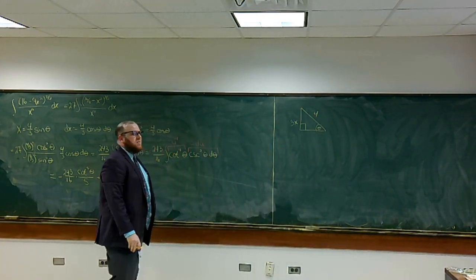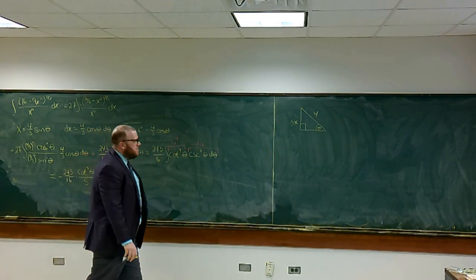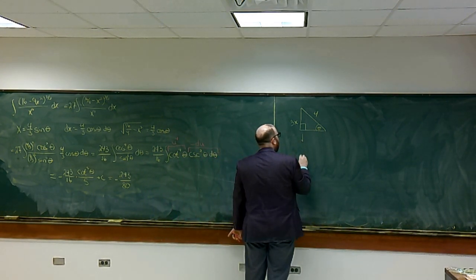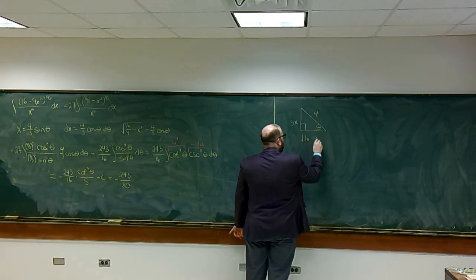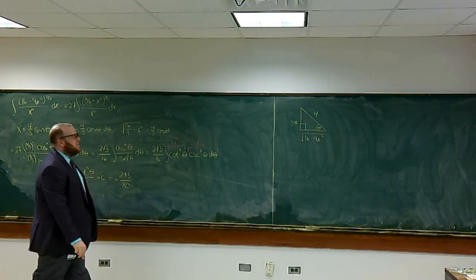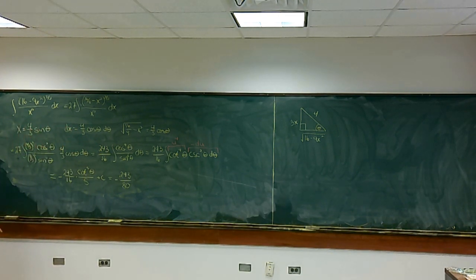What's the missing length? Cotangent is 1 over tangent. Tangent is opposite over adjacent.